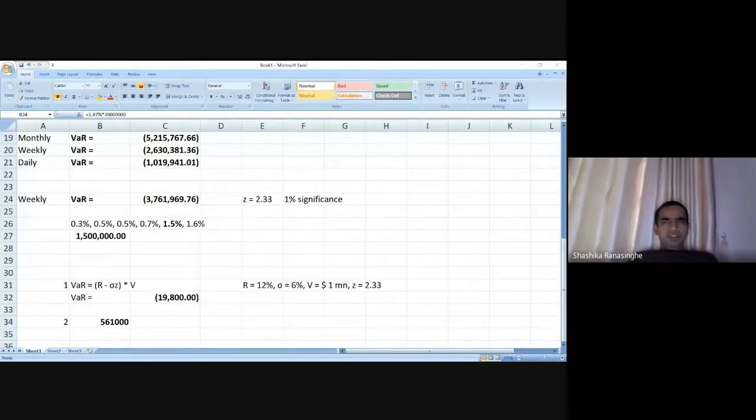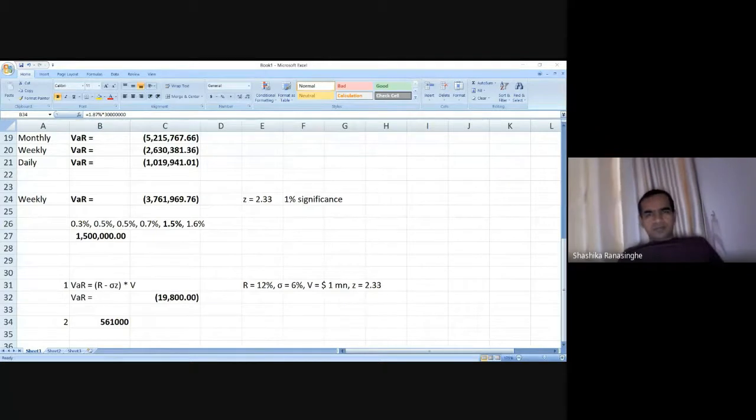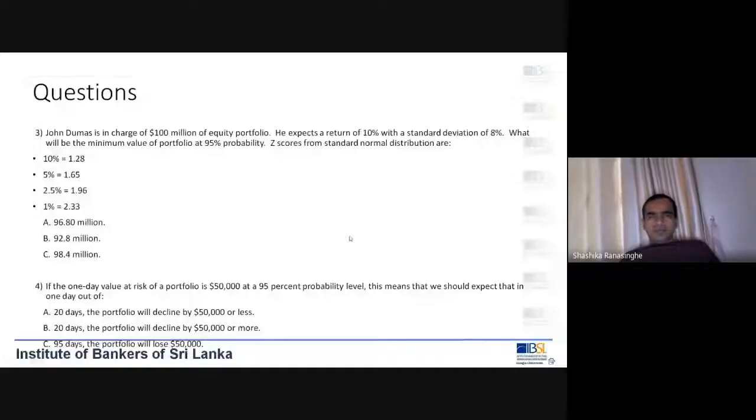So which method do we use? Once again, we can use analytical value at risk. Return 10%, standard deviation 8%.